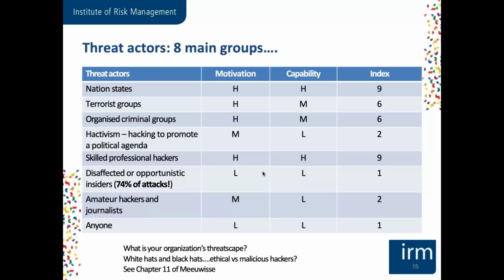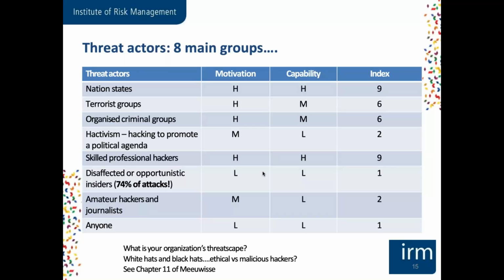I was quite surprised to see this figure of 74% of attacks coming from disaffected or opportunistic insiders. It was quite surprising to me. But again, I would urge you to look at this and try to give it a bit of context. So maybe in terms of your own organisations, what the threatscape is as you perceive it and why.